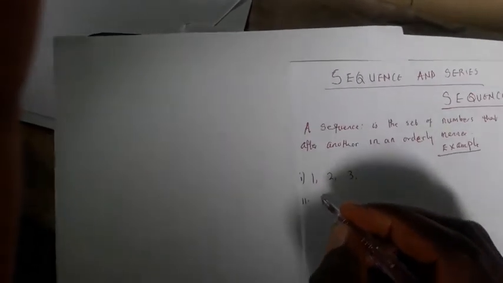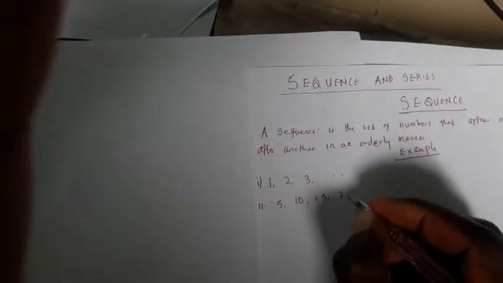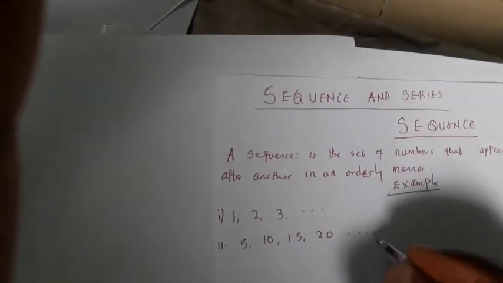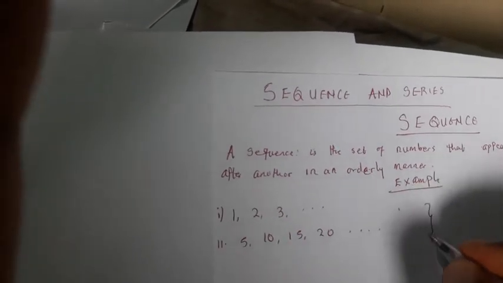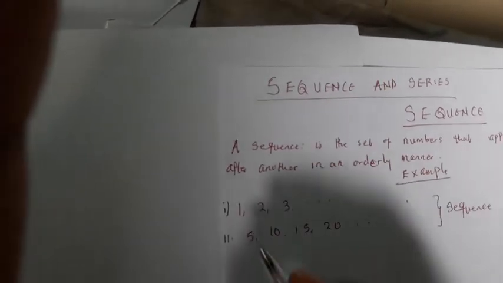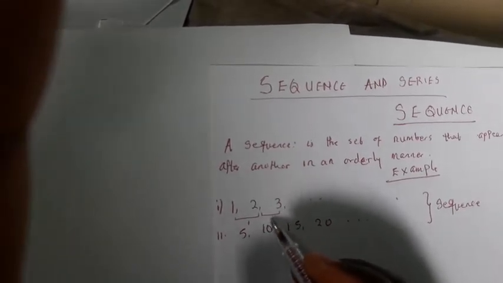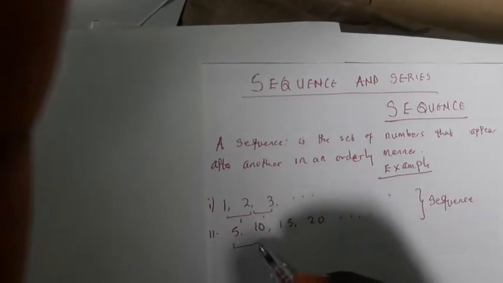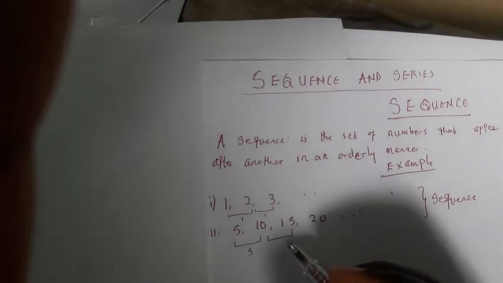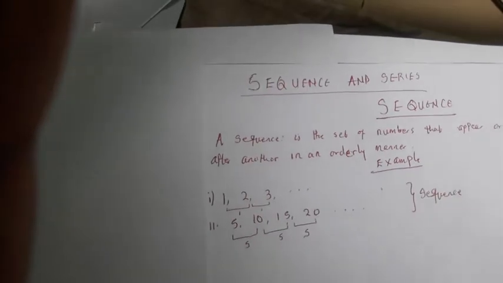Example 2: if we have 5, 10, 15, 20, these are sequences. The difference between 1 and 2 is 1, between 2 and 3 is 1. The common difference between 5 and 10 is 5, 10 and 15 is 5, 15 and 20 is 5. So it follows an order.